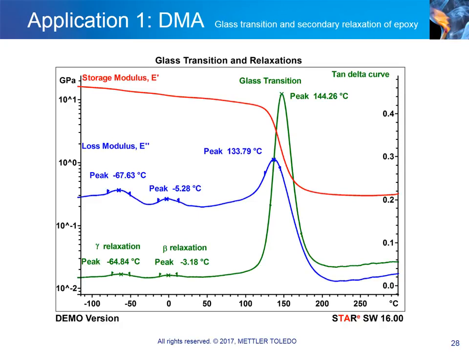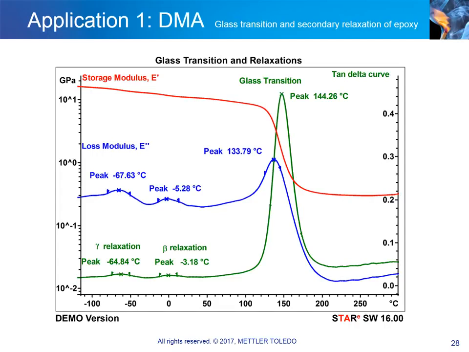Other than glass transition, or TG, other sub-TG relaxation processes, also known as secondary relaxations, can be seen by DMA. Such transitions are usually not detected by DSC.